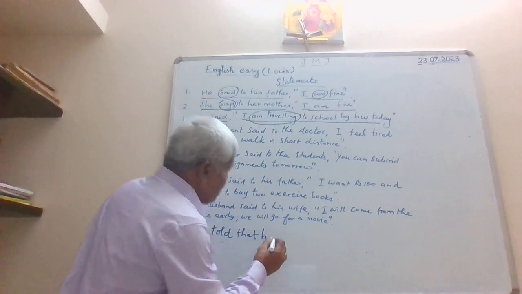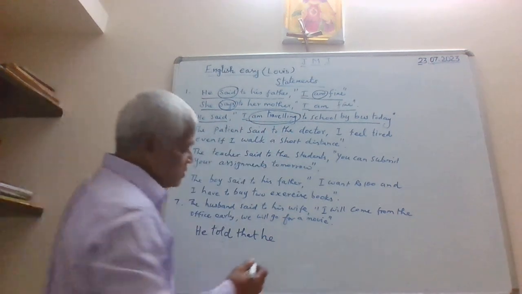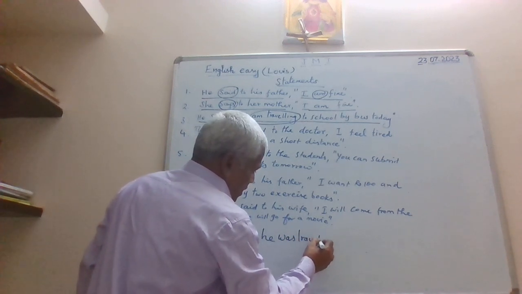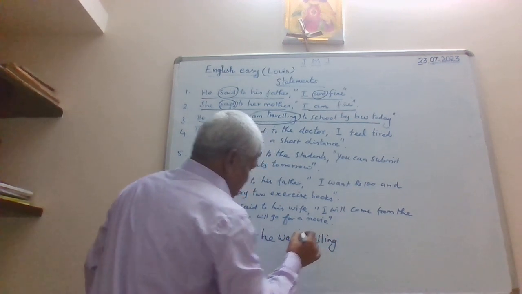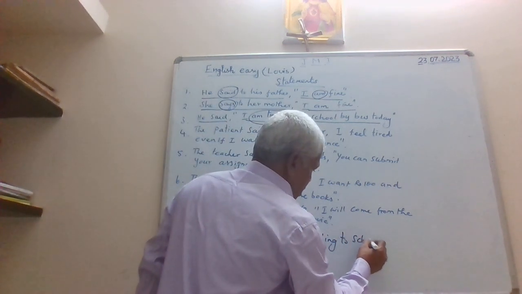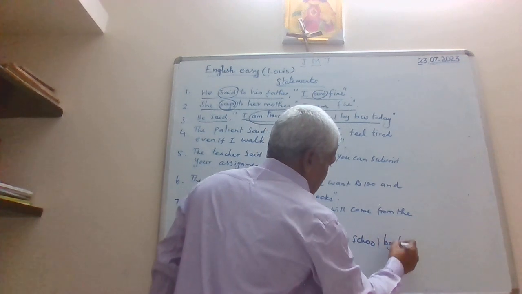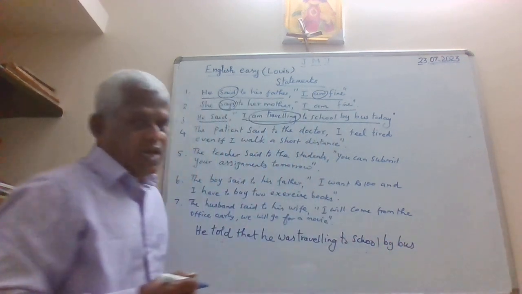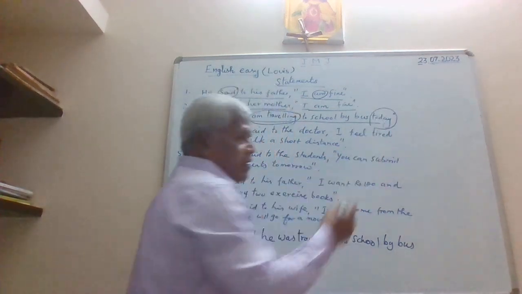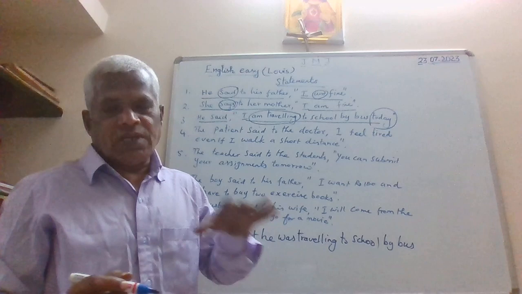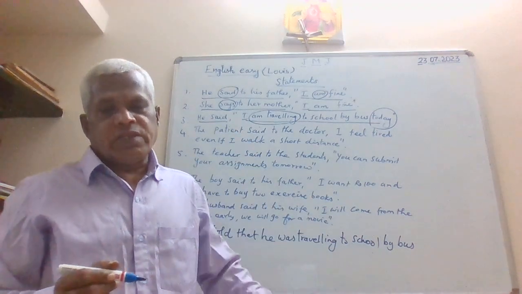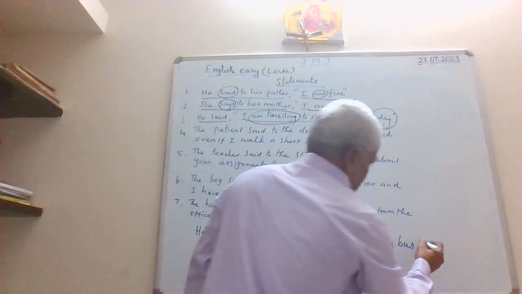He told that, and am traveling becomes, what is the past tense of am? Was. So was traveling. He was traveling to school by bus. Now you have an adverbial there. What is that? Today. Remember I said certain adverbials are changed from direct to indirect according to the situation. So today becomes that day.